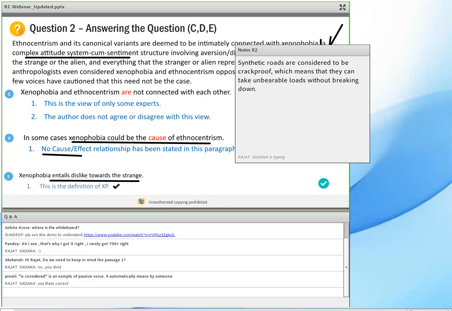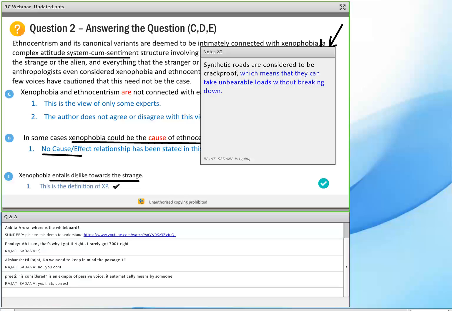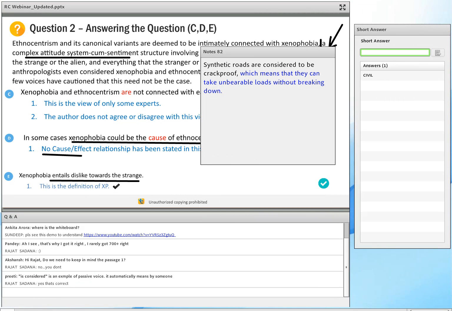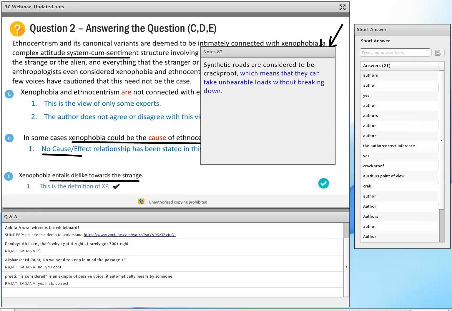So this statement over here, which means that they can take unbearable loads without breaking down, whose definition is that part in blue? It's the author's definition, you as the author, right? That's you as the author.